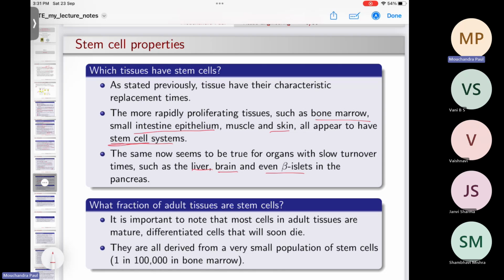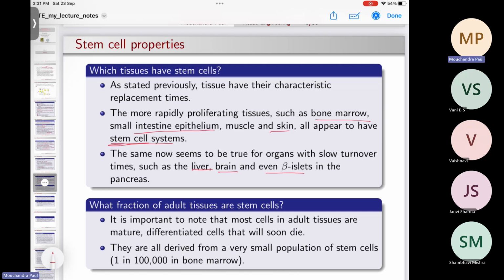Now, what fraction of adult tissues are stem cells? Out of, say, the around 10 to the power 11 cells in our organ, if you remember the numbers we discussed in the previous classes, in those 10 to the power 11 cells, how many are the stem cells? That is the question basically.